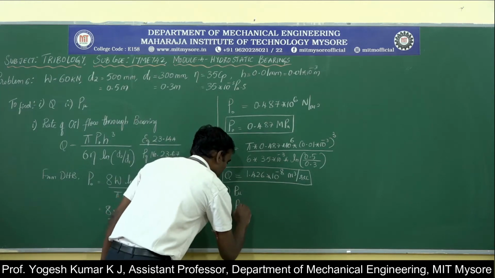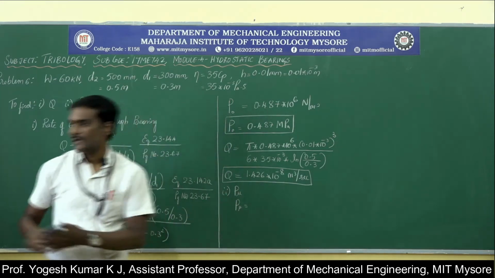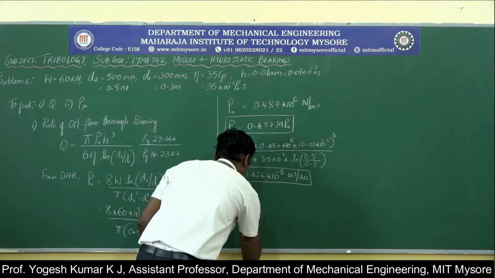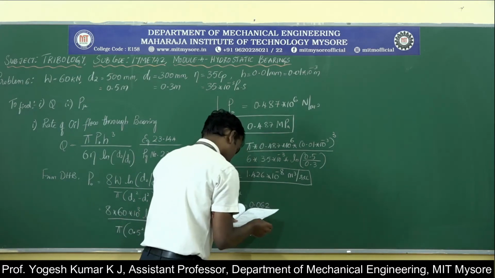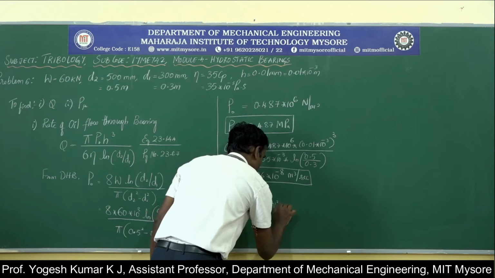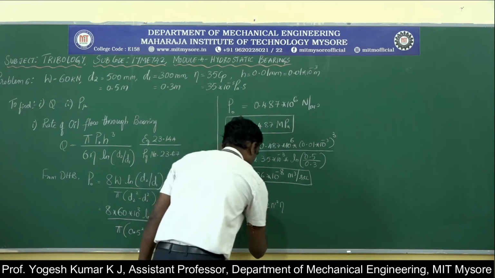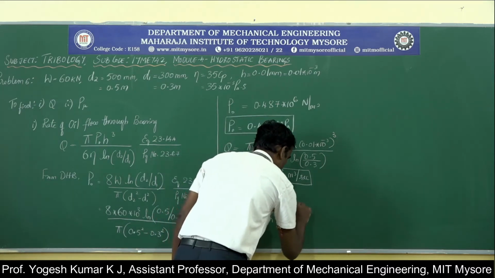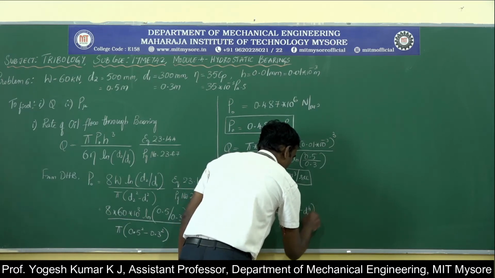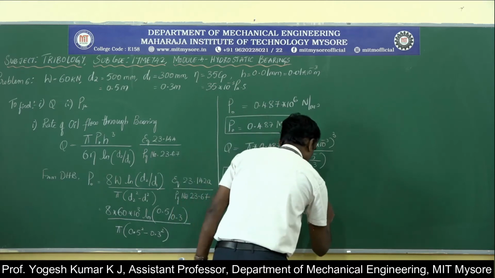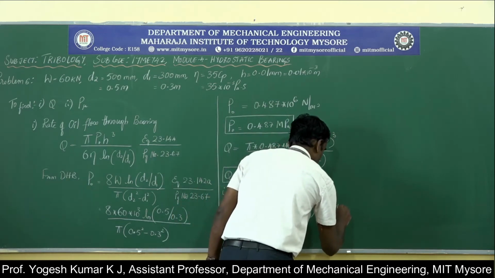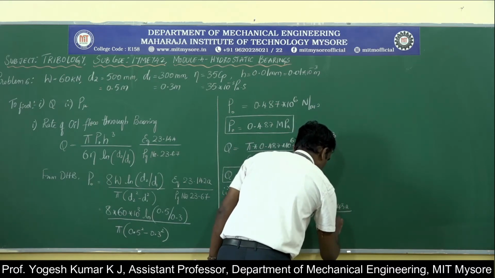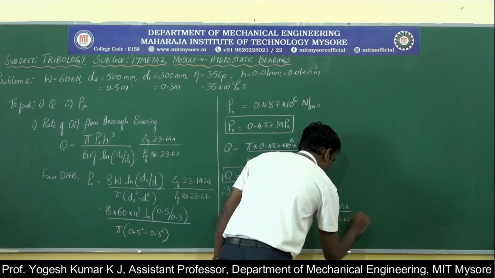P mu equals, we have an expression in our data handbook, as 0.062 n dash square neta divided by 16h, into d2 to the power of 4 minus d1 to the power of 4, from page number 23.67.